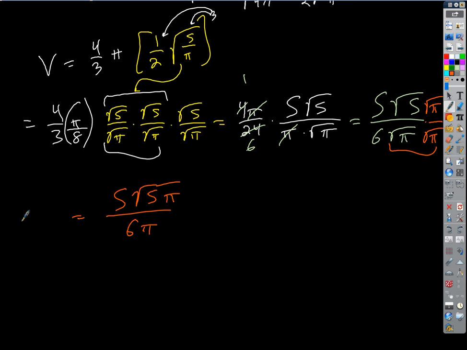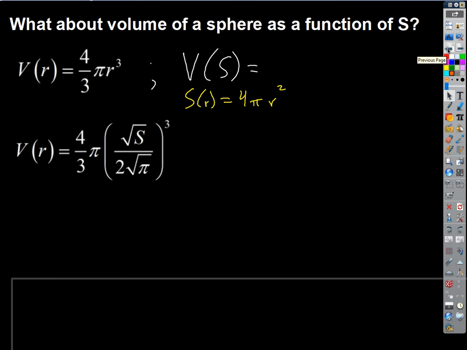We get volume as a function of surface area: s times the square root of s pi over 6 pi. So it's kind of a complicated looking function, but really, so is that one. This one looks a little more complicated, I agree, but it's useful.